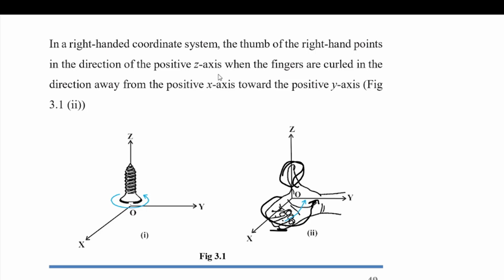Again, the fingers are also curled in the direction away from the positive x-axis towards the y-axis, and that is what the fingers are showing here. So exactly the same thing is happening. All the other parts of the screw point towards the positive y-axis. Alright.